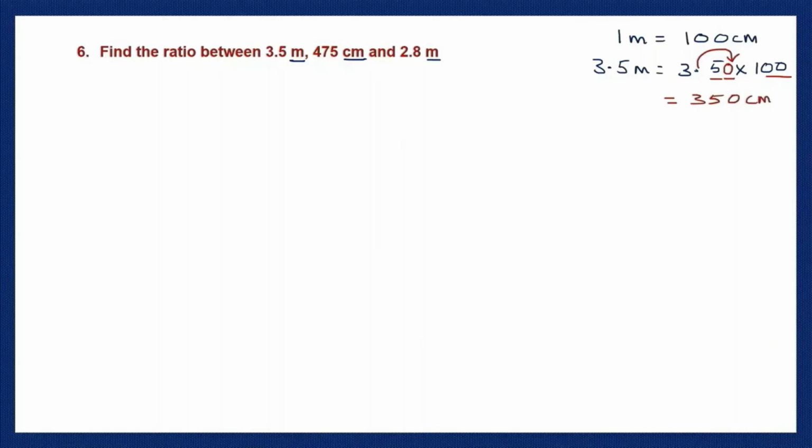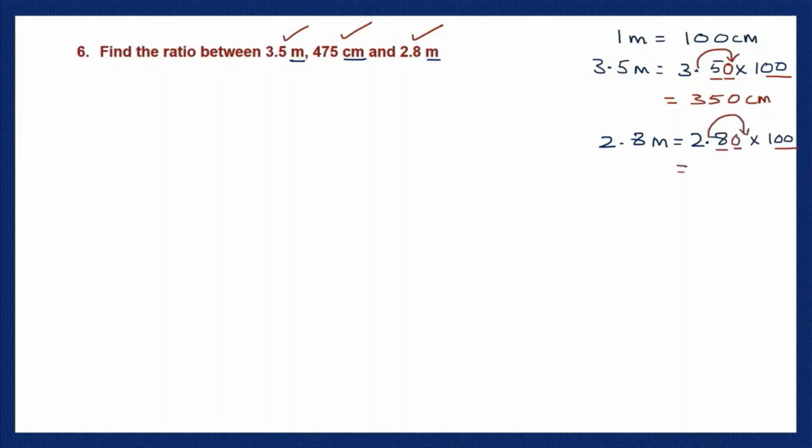The next one is already in centimeters. Let's do the next one, which is 2.8 meters. That will again be 2.8 into 100. Since 100 has 2 zeros, I will move the point 2 places to the right, so I need to fill this up.